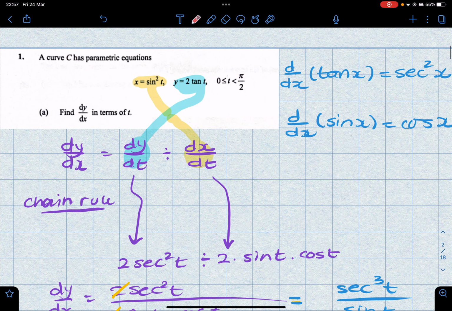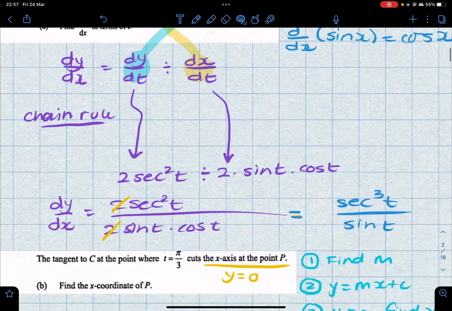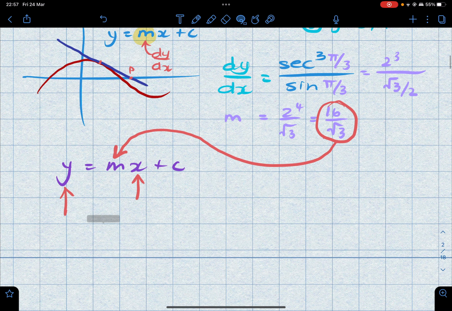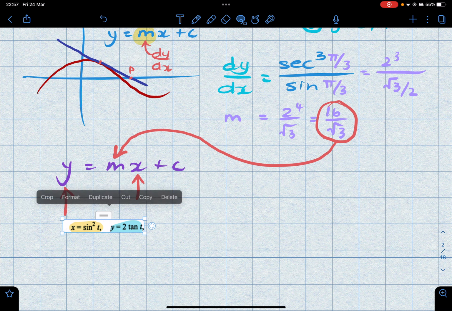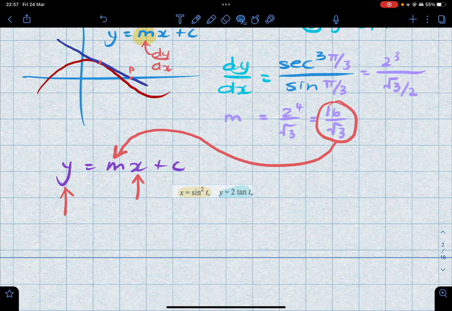Now, x and y, we know the formulas, they're right here. So we can say x equals sine squared pi over 3, and y equals 2 tan pi over 3.